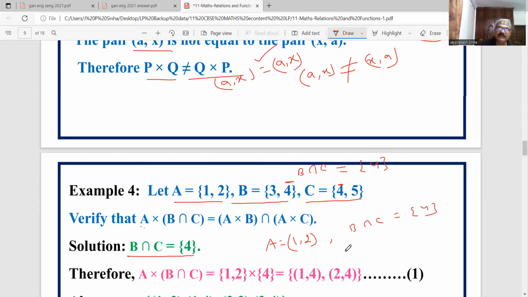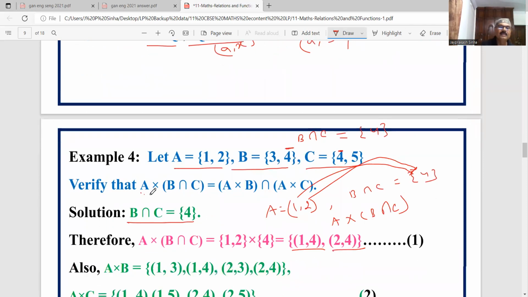So if you take A cross (B intersection C), the elements will be (1, 4) and (2, 4), isn't it? (1, 4) and (2, 4). So we have just now found the left hand side. Now we'll find the right hand side.